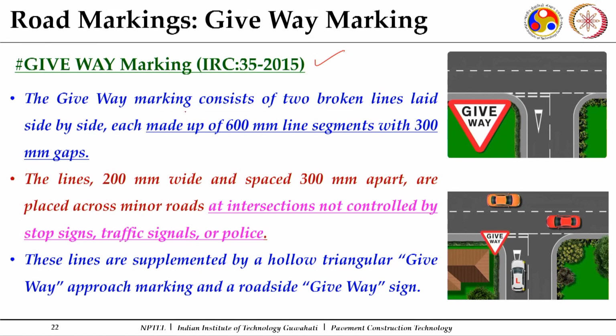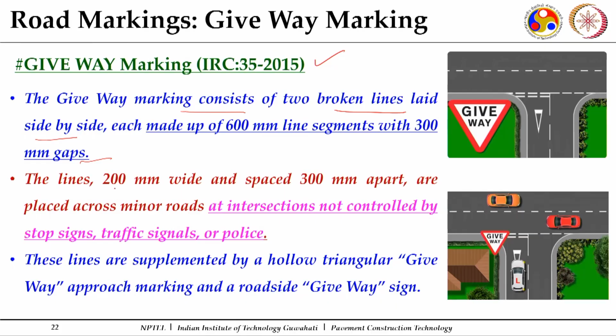This particular marking consists of two broken lines laid side by side, each made up of 600 mm line segments with 300 mm gaps. These are the standard requirements as per the codal requirements of IRC. The lines, 200 mm wide and spaced 300 mm apart, are placed across minor roads at intersections where they are not controlled by any stop signs, traffic signals or police.